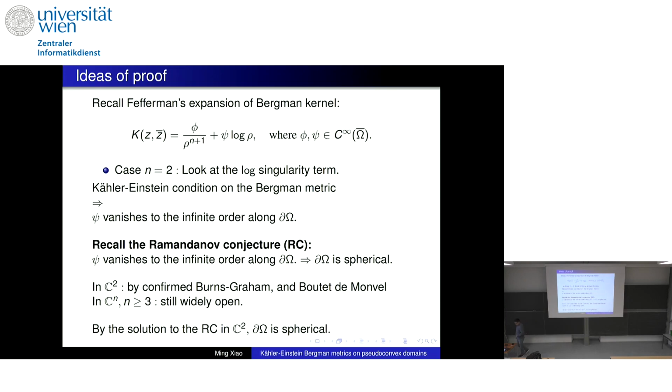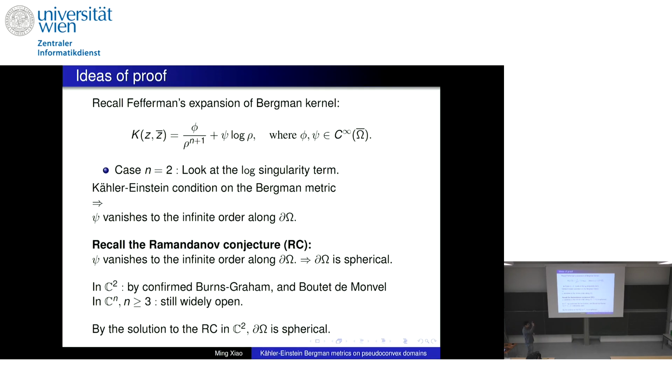In C2, it is confirmed by the result of Burns-Graham and independently by Boutet de Monvel. However, this conjecture is much less understood and is widely open in higher dimensions. But at least it works in the two-dimensional case. From the Kähler-Einstein condition, we can say psi vanishes to infinite order. And by the solution of the Ramadanov conjecture in C2, we can say the boundary is spherical. So that finishes the first step in the two-dimensional case.